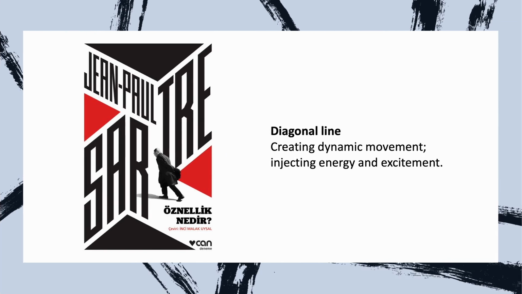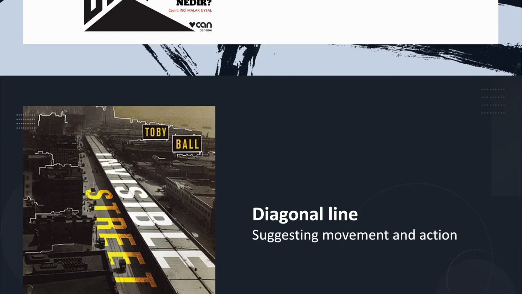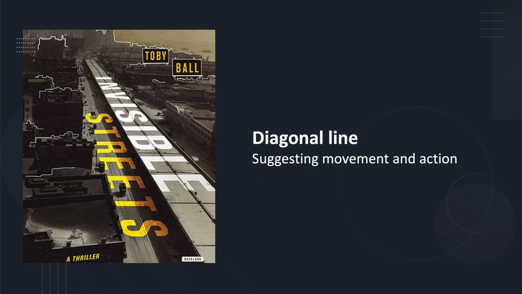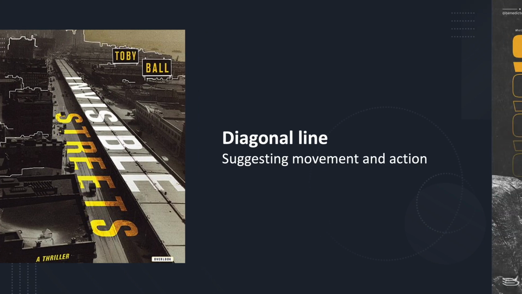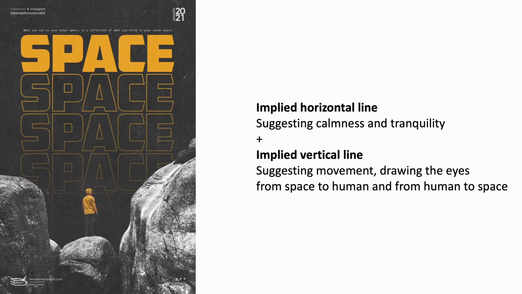Here, diagonal lines create dynamic movement, injecting energy and excitement. In this one, diagonal line suggests movement and action. And here, implied horizontal line suggests calmness and tranquility, while the implied vertical line suggests movement, drawing the eyes from space to human and from human to space.